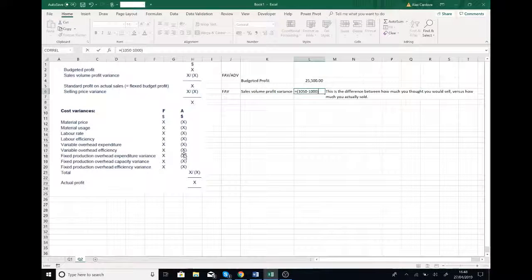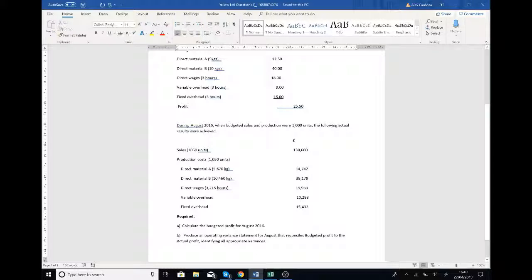We thought we would sell 1,000, we sold 1,050. We've got a positive variance of 50 units. We don't times that by our actual selling price, we times that by our budgeted selling price because we're comparing the budget. If we were to use the actual selling price, we would essentially distort the figure. So that's 50, in units at the moment. We need to monetize that.